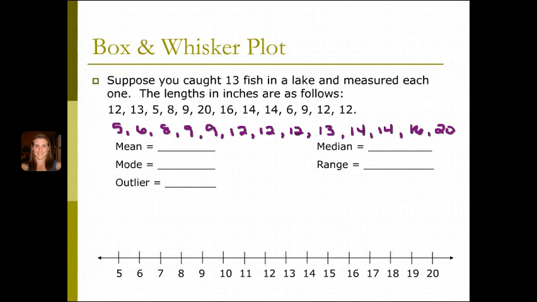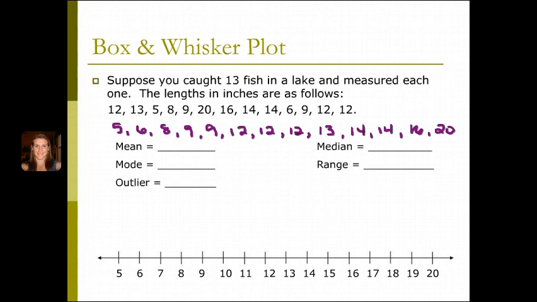Now it's a very good idea to make sure that if you have 13 numbers in your original set of data, that you have 13 numbers when you rewrite it. So 1, 2, 3, 4, 5, 6, 7, 8, 9, 10, 11, 12, 13. So we have all of our numbers listed. So that's step 1. Then we need to find the median. Okay, so we got to find the middle number.